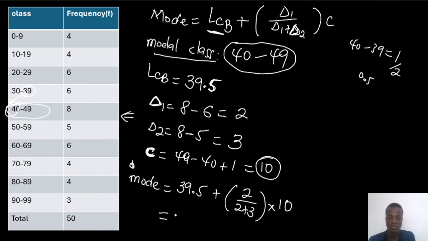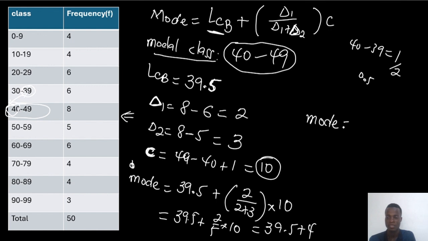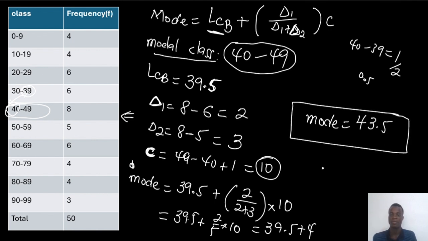At the end of the day, we have 39.5 plus 2 over 5 times 10. That gives us 39.5 plus 4, so the mode is equal to 43.5. This is the mode for this data.